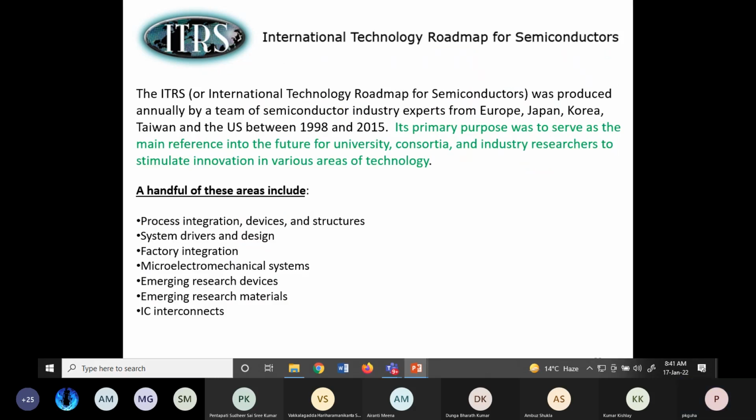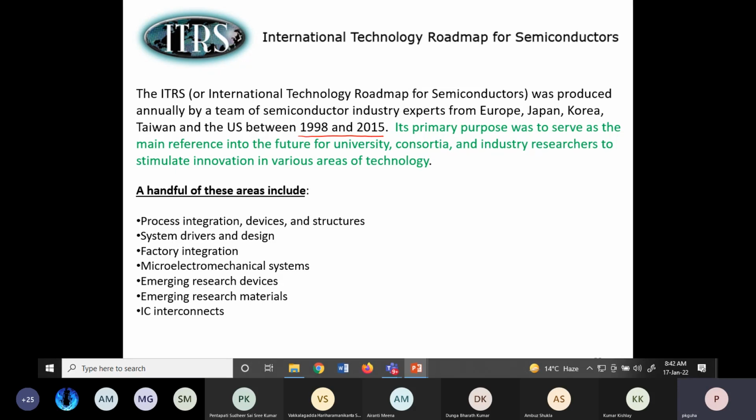Now this ITRS started around 1998 because people thought we should have an organization which will forecast and drive Moore's law. Let's put it this way.